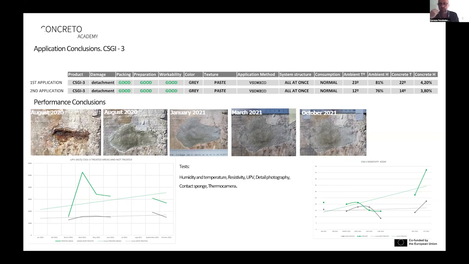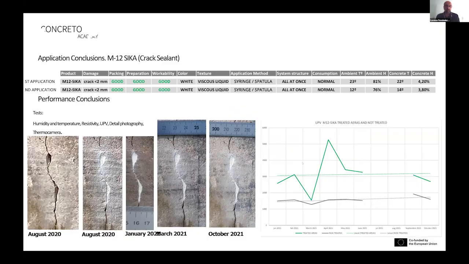You don't know because you don't know the mortar of your sculpture. You don't know if what you're applying is going to have problems. So we had to do a lot of tests in order to see how they develop over time. These are other mortars to fill cracks, okay?